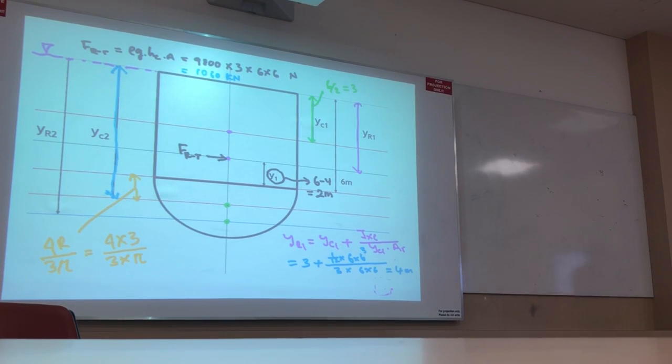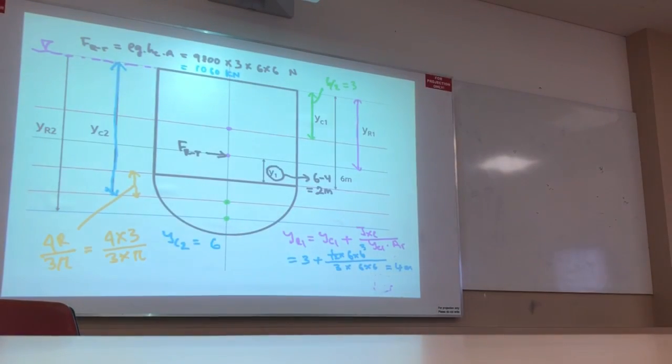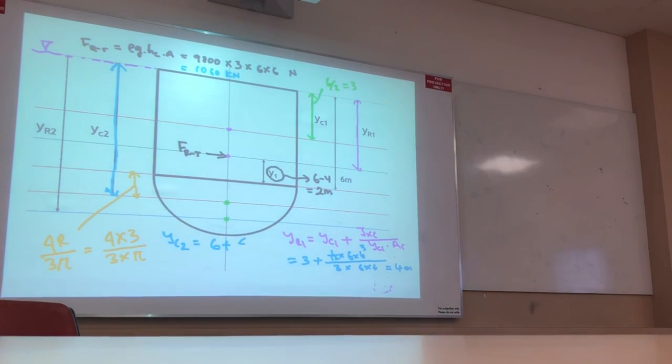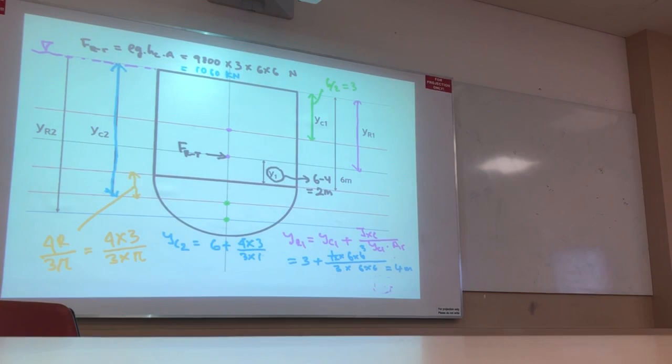That means 6 plus, so what is yc2? 6 plus 4 times 3 by 3 pi, which is, I get here 7.